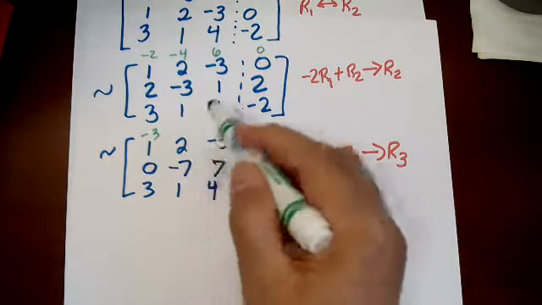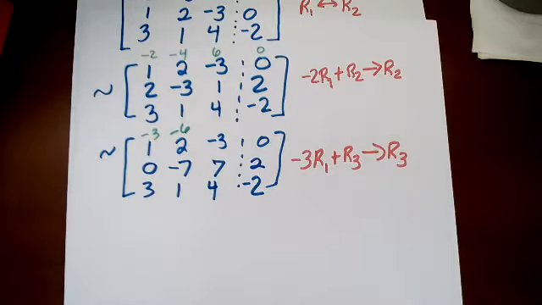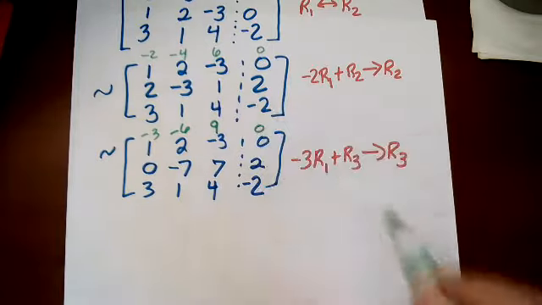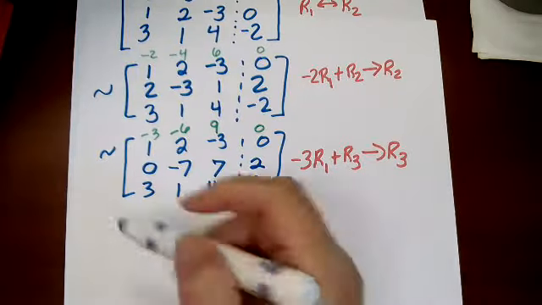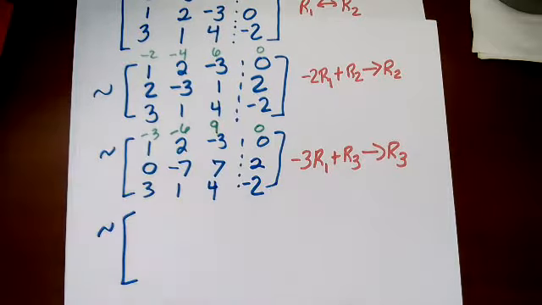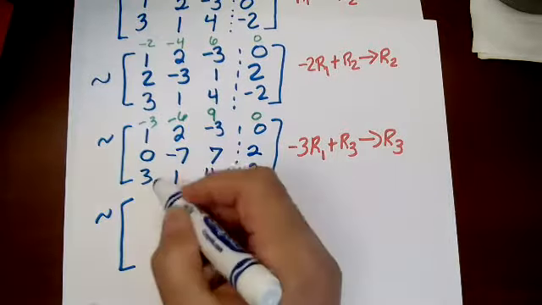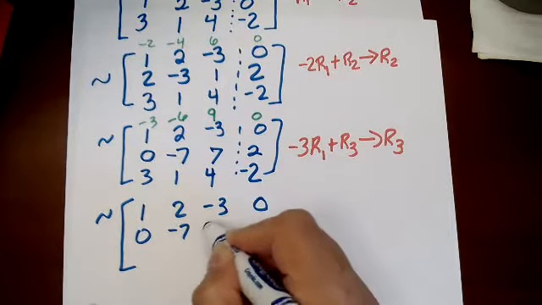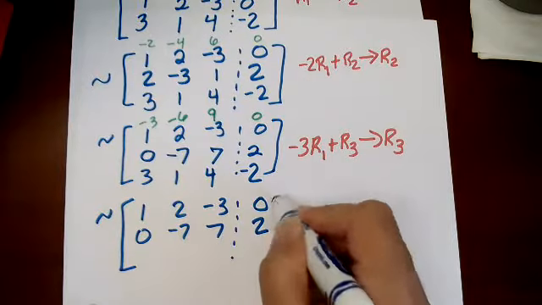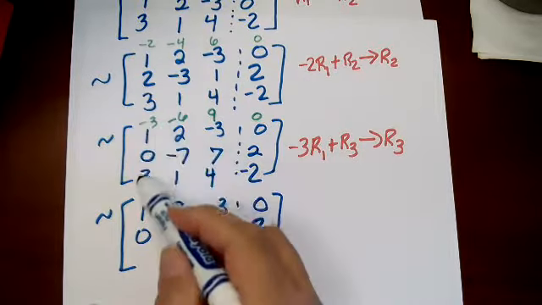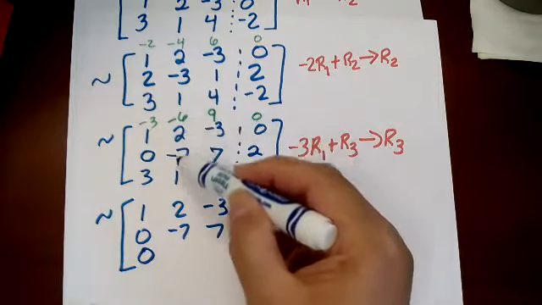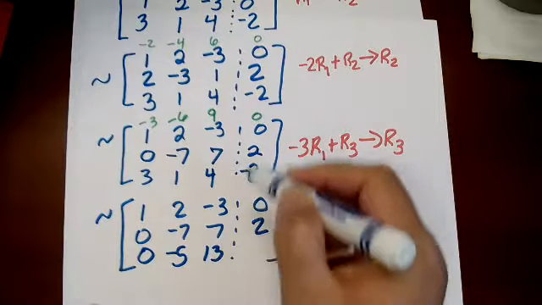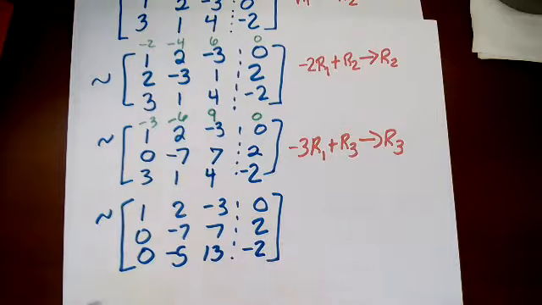Negative 3 times 1, negative 3 times 2, negative 3 times negative 3, and negative 3 times 0. And then I'm going to add that to my third row. So again, the first row is not really changing. Second row is not really changing. The third row is changing. Negative 3 and 3 is 0, negative 6 and 1 is negative 5, 9 and 4 is 13, 0 and negative 2 is negative 2.